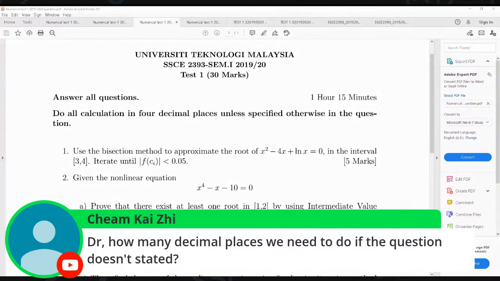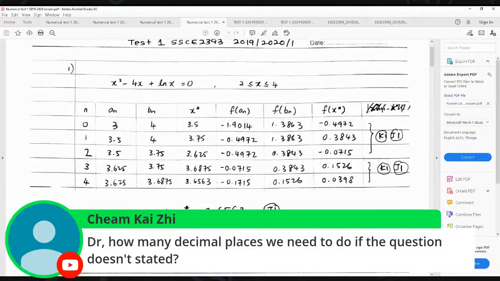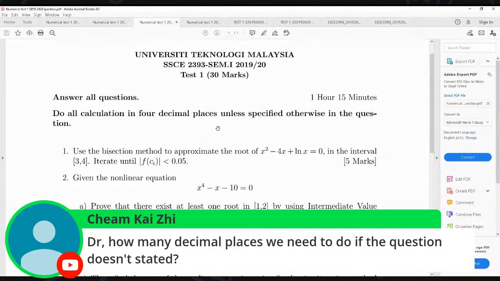In our case, the epsilon is 2 decimal places, but they ask here to use 4 decimal places.